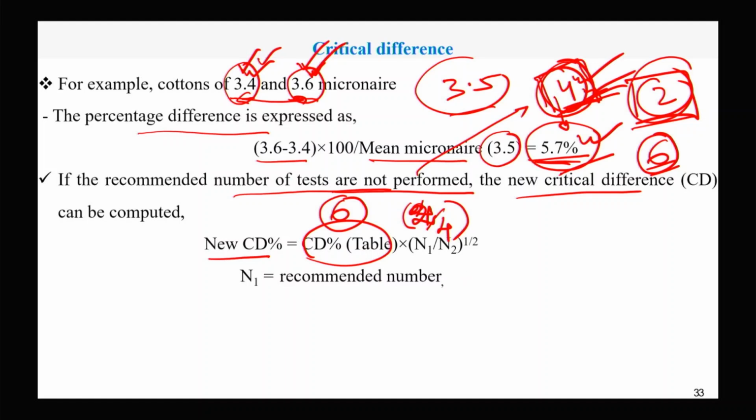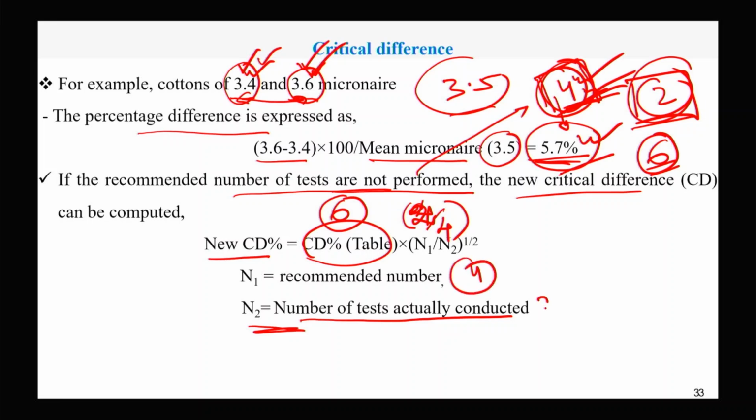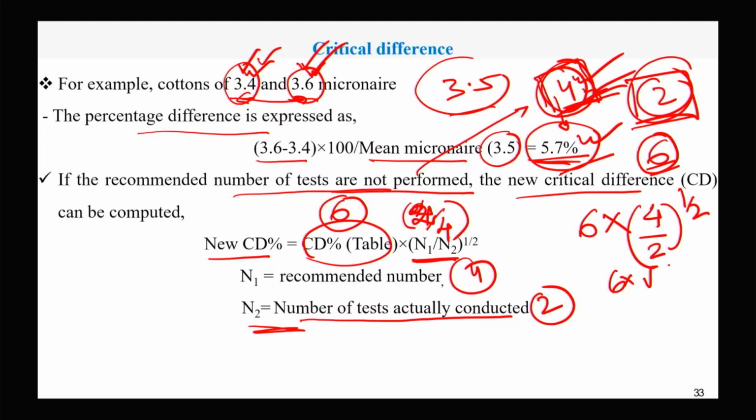It depends on the recommended number of tests and the number of tests actually conducted. So N1 here is 4, recommended, and N2 is 2. It is under root, so 6 multiplied by 4 by 2, under root, so 6 under root 2.